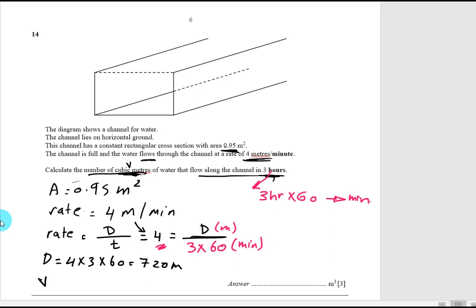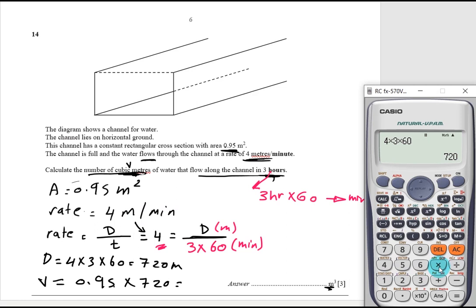The volume, you need the volume in meter cube, so no change in unit. Volume is equal to area 0.95 multiplied by the distance 720. So we have 720 multiplied by 0.95, which is the area, equals 684.